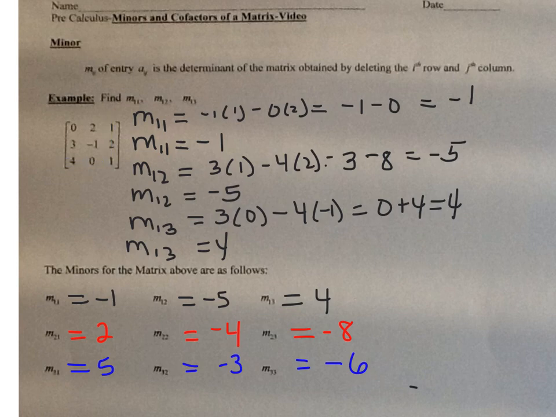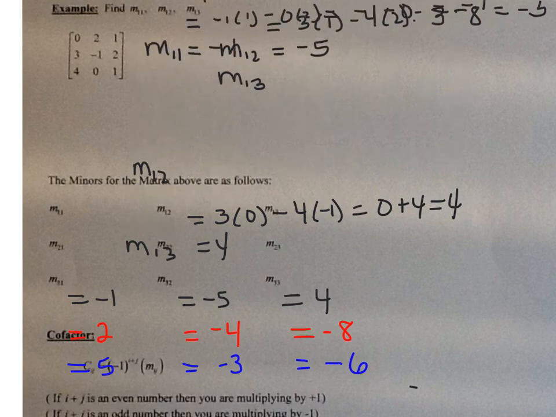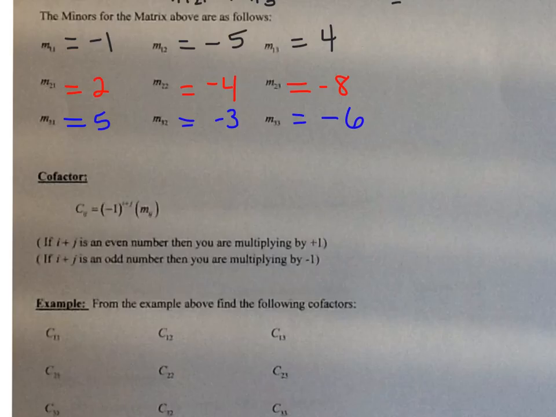Okay, so the next thing we're going to do is talk about how to find cofactors. So I'm just going to move everything up a little bit. Okay, so a cofactor, so C for cofactor, of i, j is equal to negative 1 raised to the i plus j power times your minor.